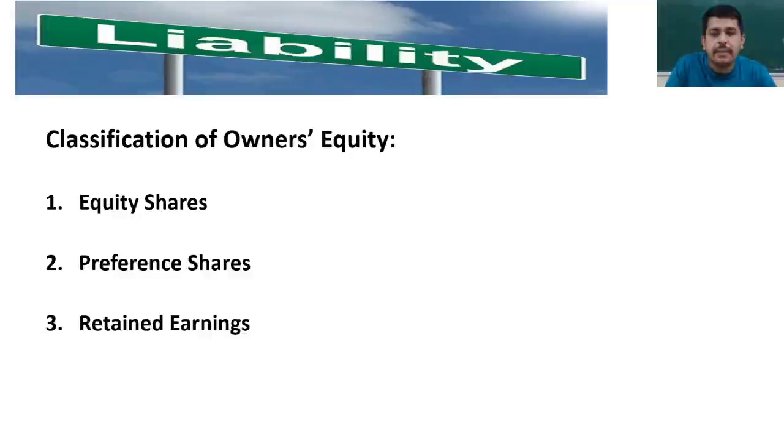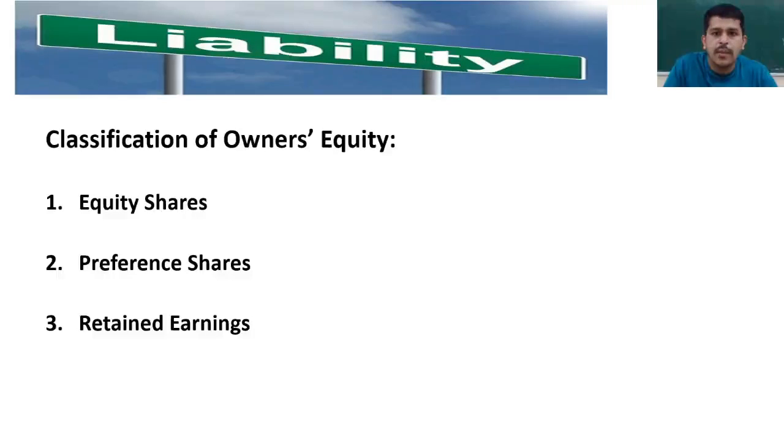Classifications of owner's equity. Owner's equity can be classified into the following categories. One is equity shares. Equity shares are the common shares issued to the real owners of the company. They are not entitled to a fixed dividend or any kind of fixed returns, but they are the real owners of the company and they have the voting power to decide the directorship of the firm.